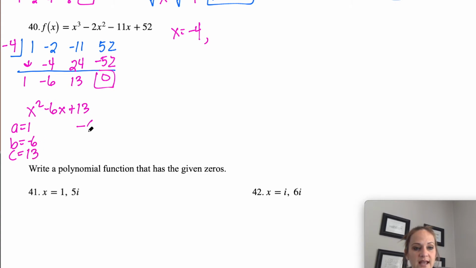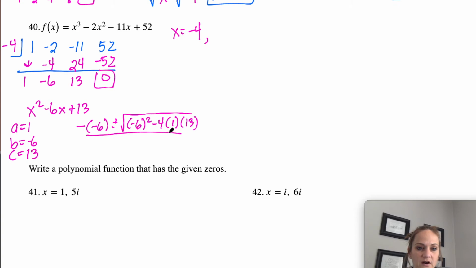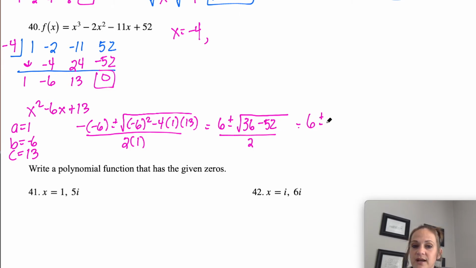So I will get negative b plus or minus the square root of b squared minus 4ac all over 2a. So I'll get a positive 6 plus or minus the square root of 36 minus 52 all over 2, which will give me 6 plus or minus the square root of a negative 16 all over 2.